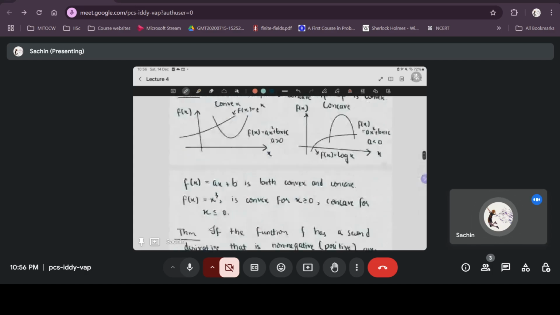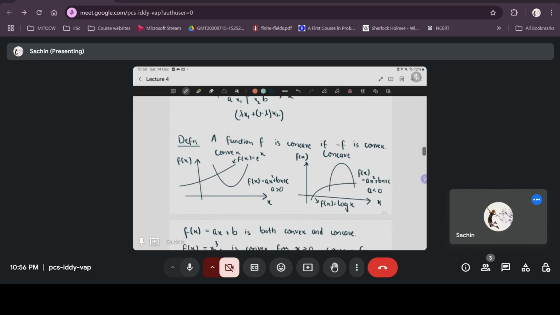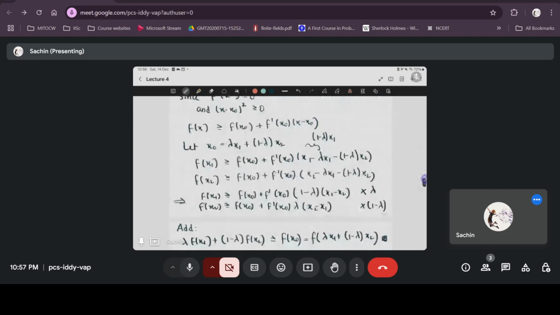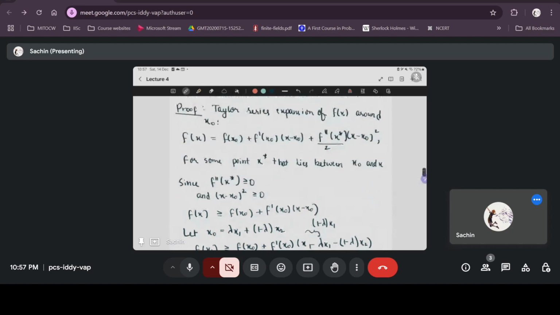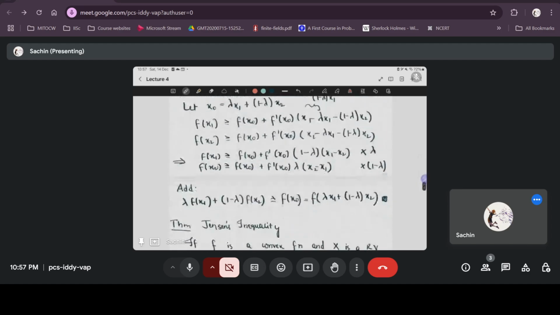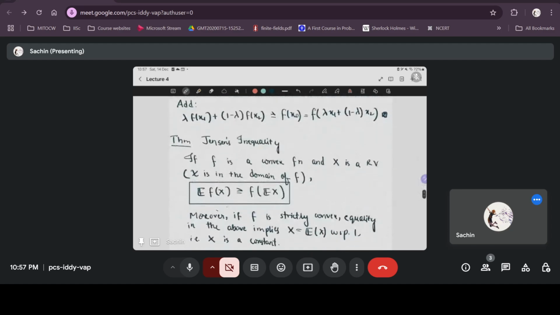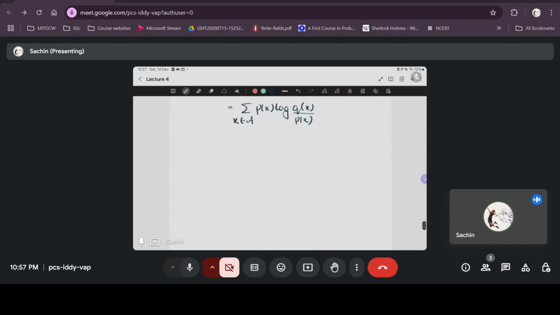Now, earlier I had shown you a graph, right? This log function is a concave function. Since it's a concave function, for a concave function Jensen's inequality is flipped. So the expected value of f of x is less than or equal to f of the expected value of x, right?